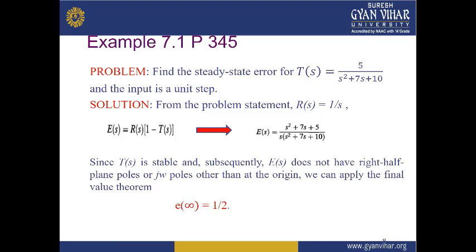Since T(s) is stable and consequently E(s) does not have any right half plane poles or j omega poles other than at the origin, we can apply the final value theorem. When t tends to infinity, we get e equal to 1 by 2.